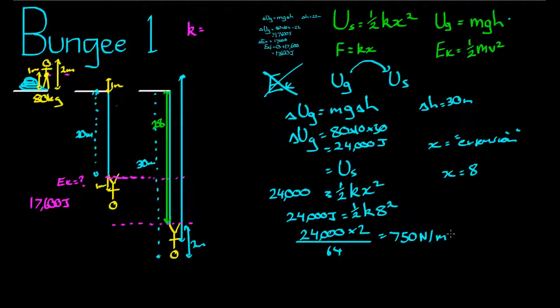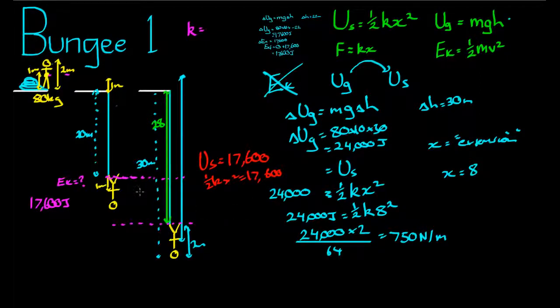That's the question solved. The number one mistake that I see people making with this question is that they calculate the kinetic energy of the person at this point here. And they say, oh, okay, they have 17,600 joules worth of kinetic energy, and the spring takes that away. So they write this. The spring potential must equal 17,600, so a half kx squared is equal to 17,600.